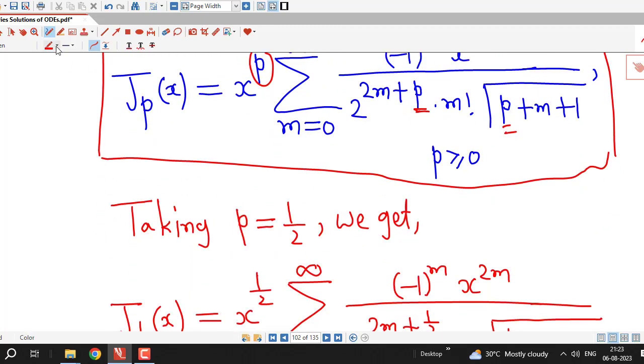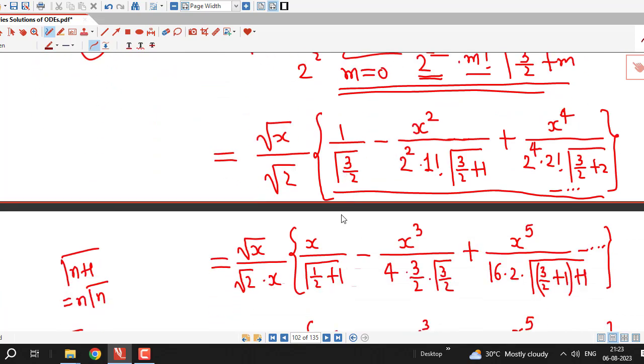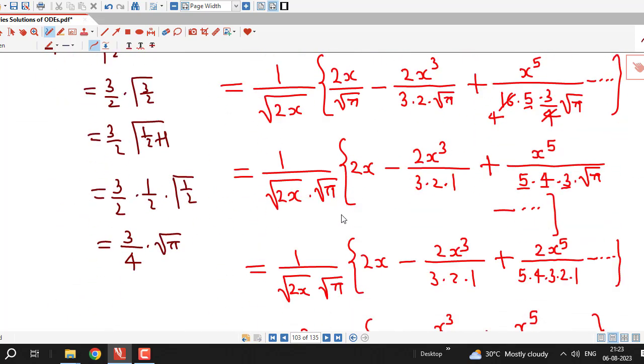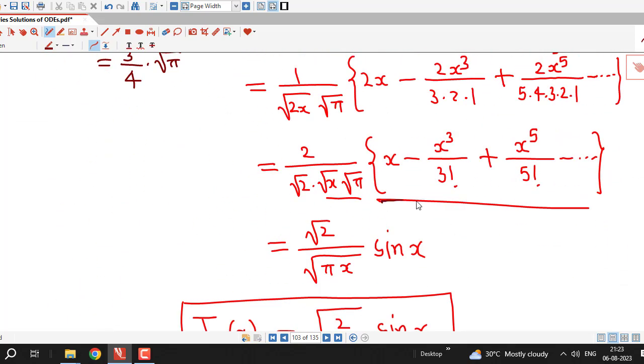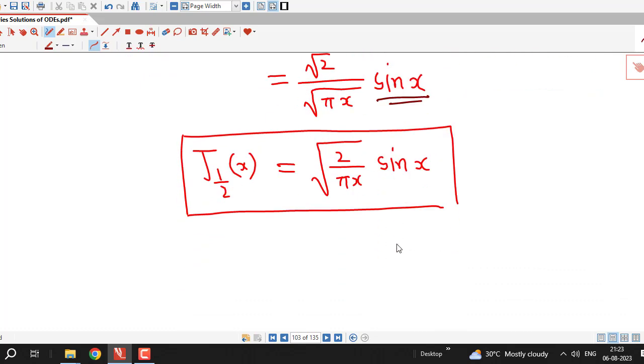So we have taken p equal to 1 by 2, and then we have written few terms corresponding to m equal to 0, and from this we are able to generalize that this is nothing but Maclaurin series of sin x. Therefore J 1 by 2 of x is equal to square root of 2 over pi x into sin x.